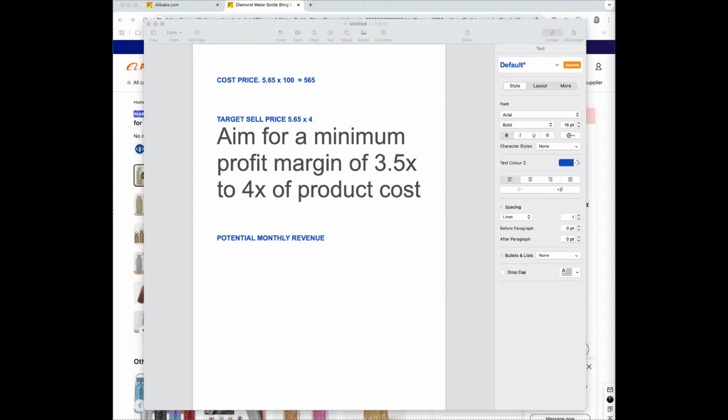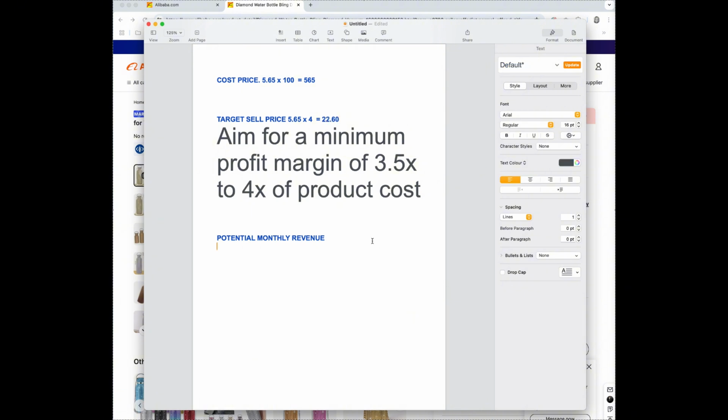We want to get as much profit as we can. So this will give us the actual selling price, which is going to make profit for us. That would make this bottle's best or perfect minimum price $22.60.